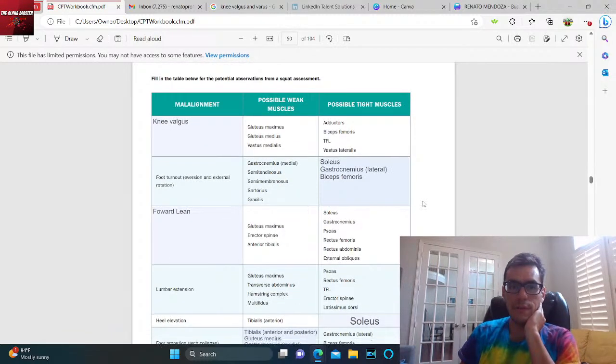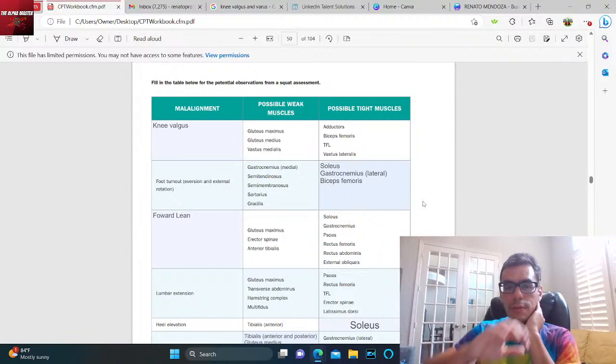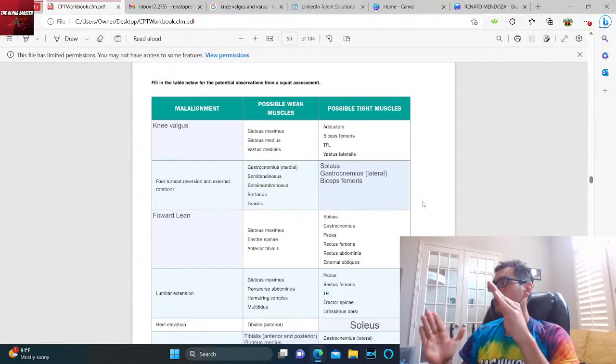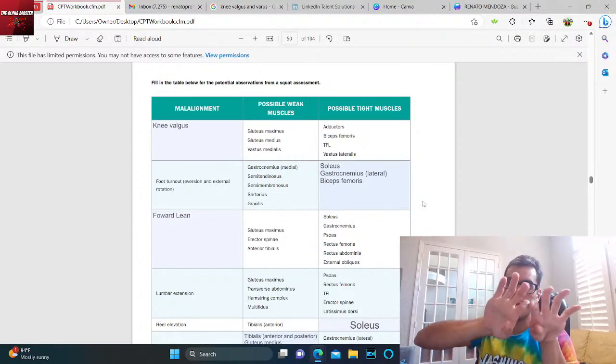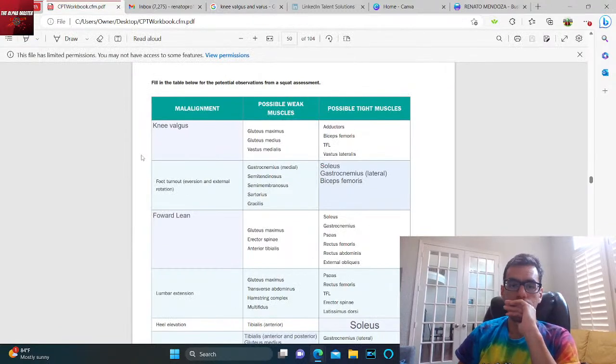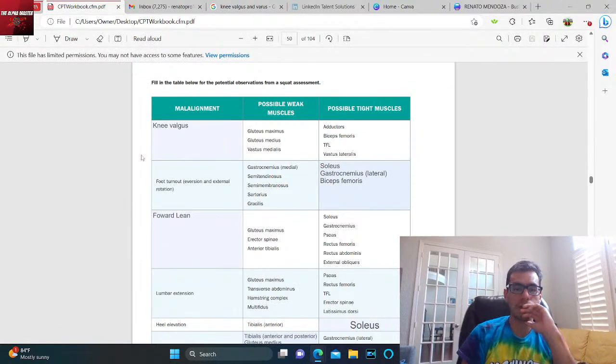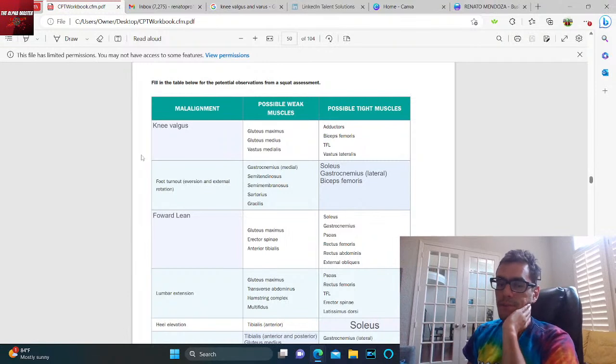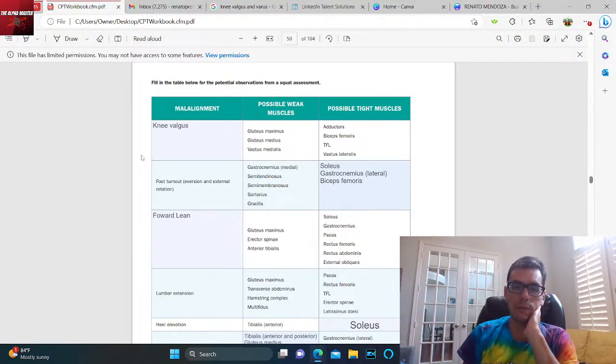Then you have the following table for potential observations from a squat assessment. Remember that knee valgus is when the knees are closer together, and varus is when they are further apart. For knee valgus, the possible weak muscles are the gluteus maximus, gluteus medius, and the vastus medialis.